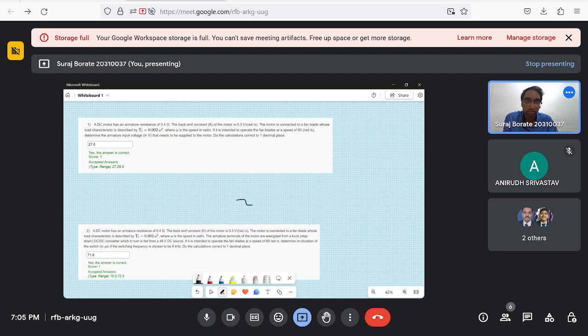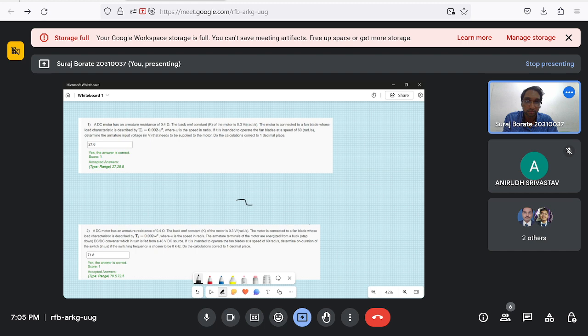What does the switching frequency mean? If you remember the concept of duty cycle, for some percentage of time the motor remains on, and for some percentage of time it remains off.